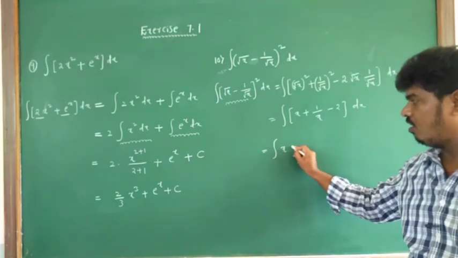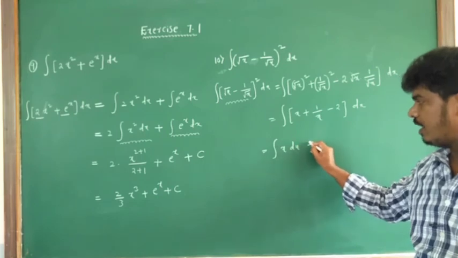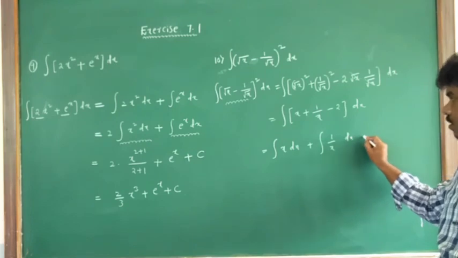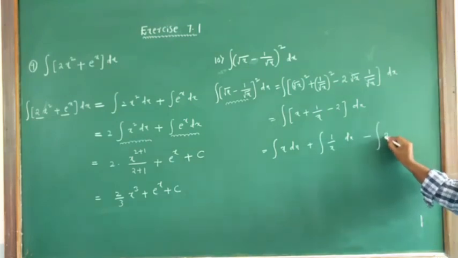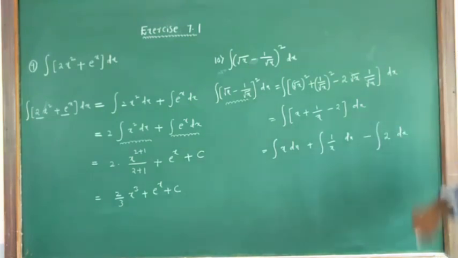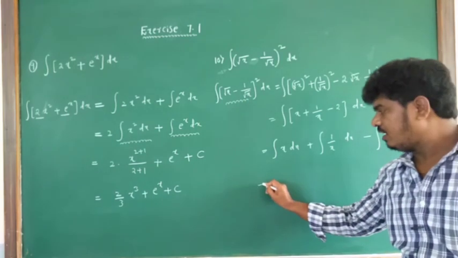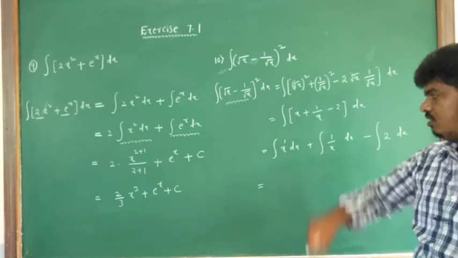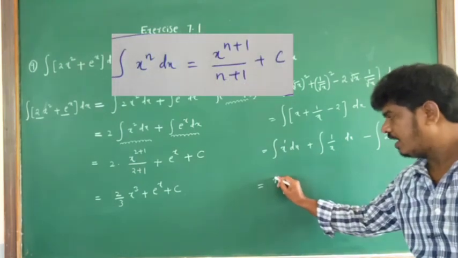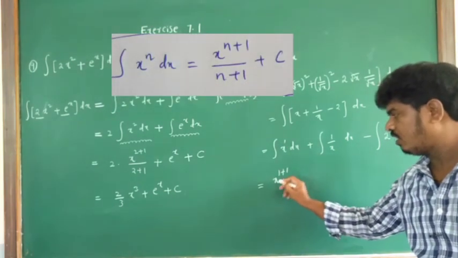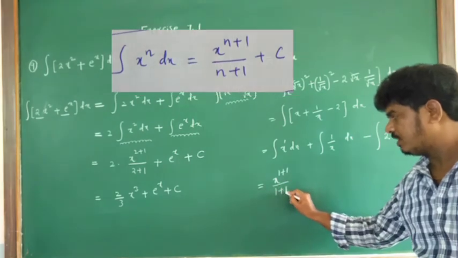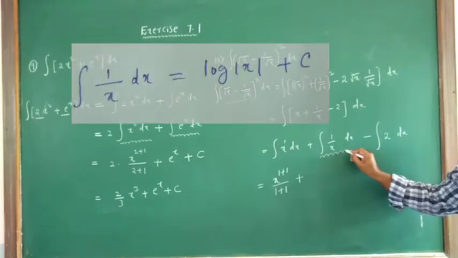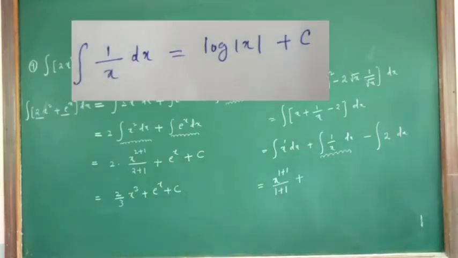That is the integral of x dx plus the integral of 1 by x dx minus the integral of 2 dx. What is the integral of x dx? X has power 1, so what do you write? X to the power of 1 plus 1 divided by 1 plus 1, plus the integral of 1 by x dx, that is log mod x.